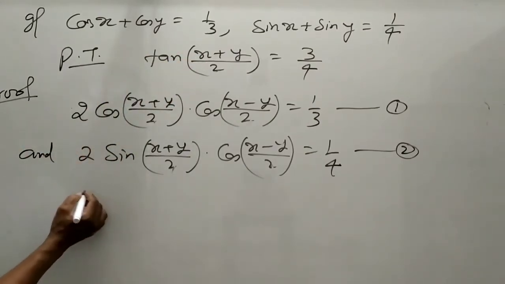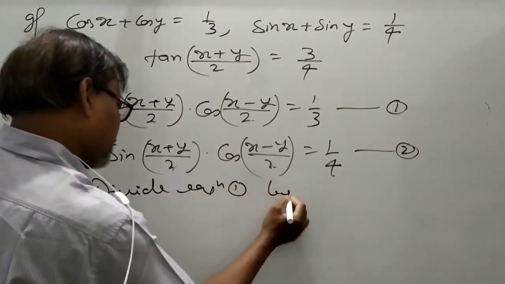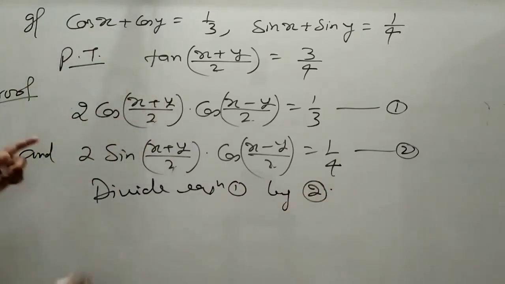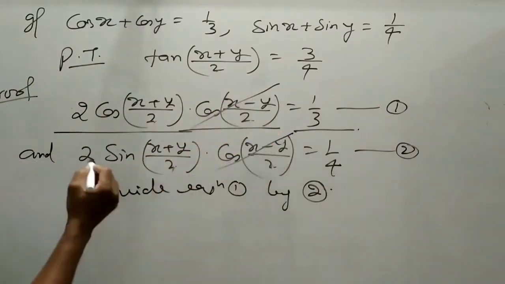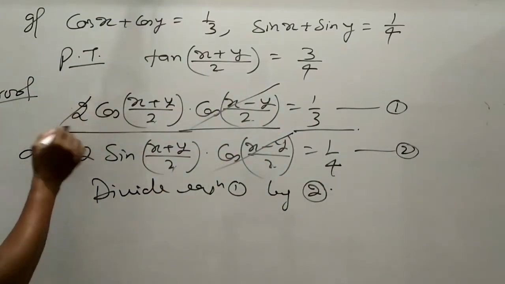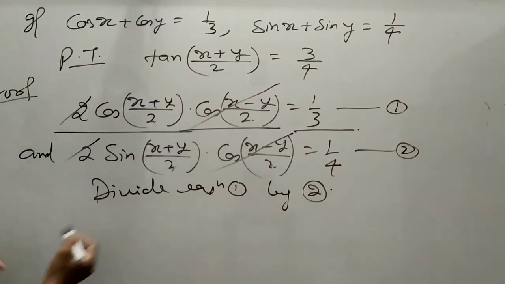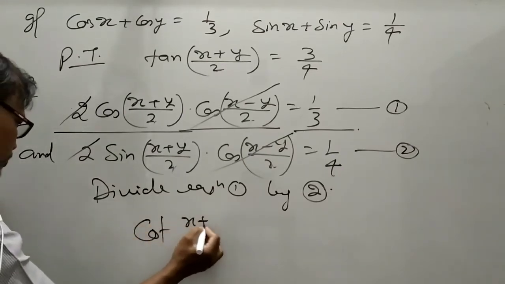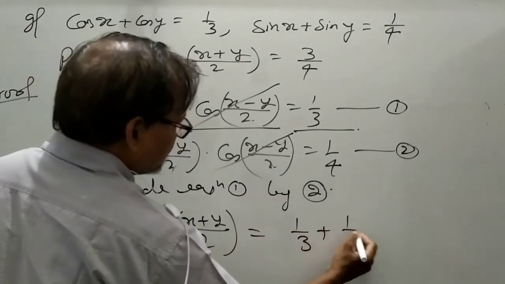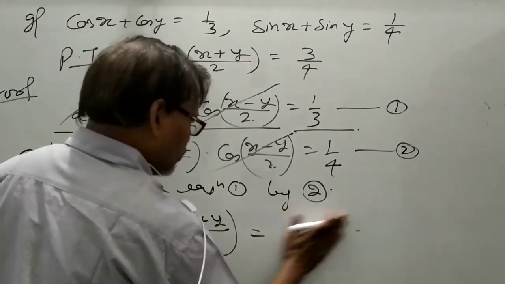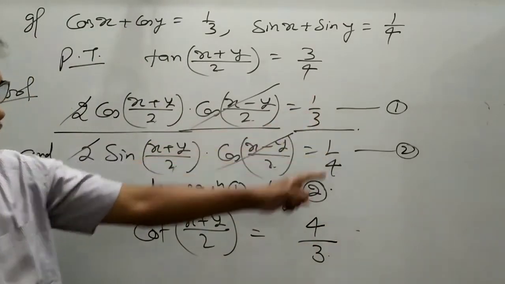Because if we divide equation 1 by 2, then what you will get? Cos (x minus y) by 2 will be cancelled and 2 cancelled, and we get cos (x plus y) by 2 upon sin (x plus y) by 2. What you will get? The cot (x plus y) by 2 is equal to 1 by 3 into 4, that is 4 by 3, because 4 goes up.